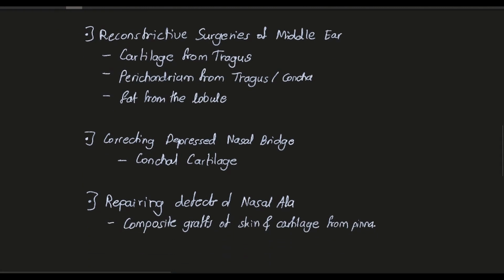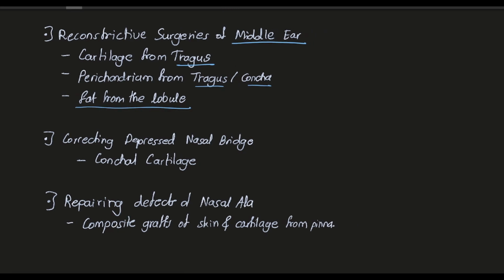It can be used for reconstructive surgeries of the middle ear. For example, for this we can take cartilage or perichondrium from the tragus or the concha, or fat from the lobule. These things can be used for the reconstructive surgeries of the middle ear.